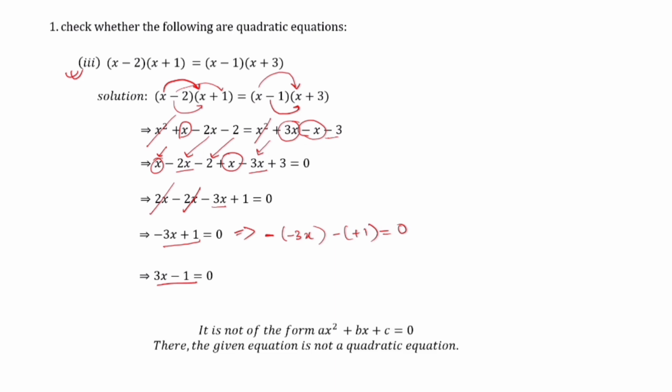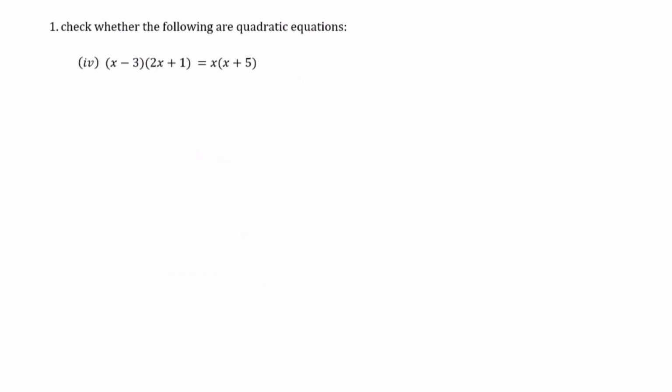So it is not of the form ax squared plus bx plus c, because here the coefficient of x squared is 0. So therefore the given equation is not a quadratic equation.